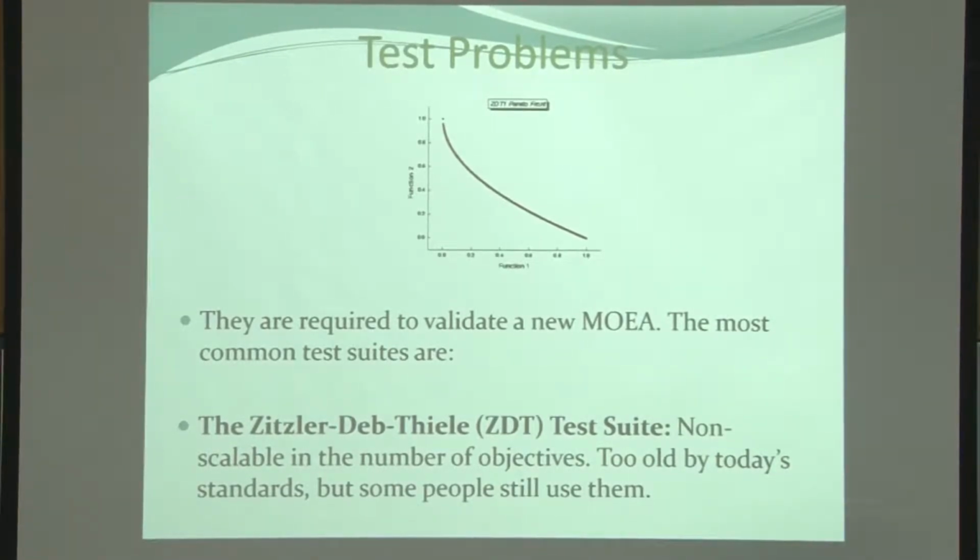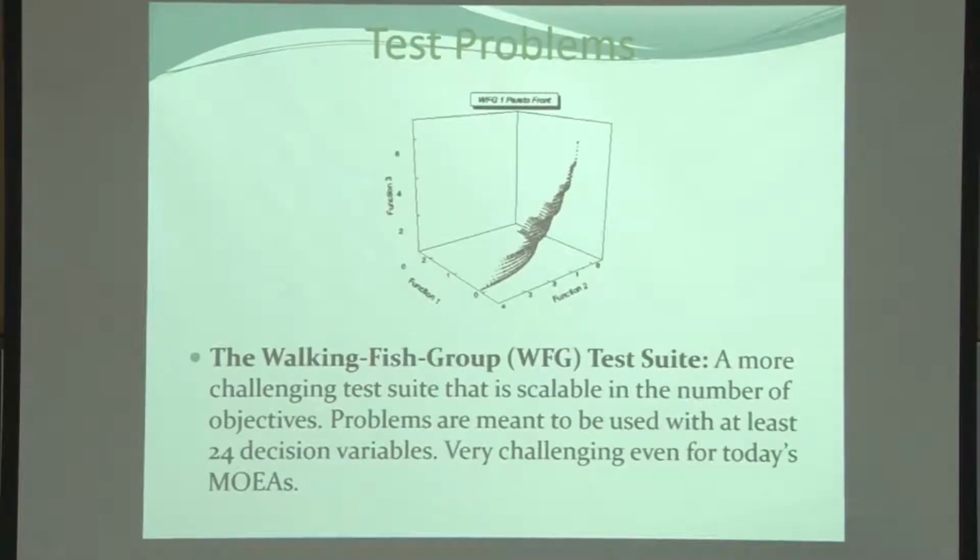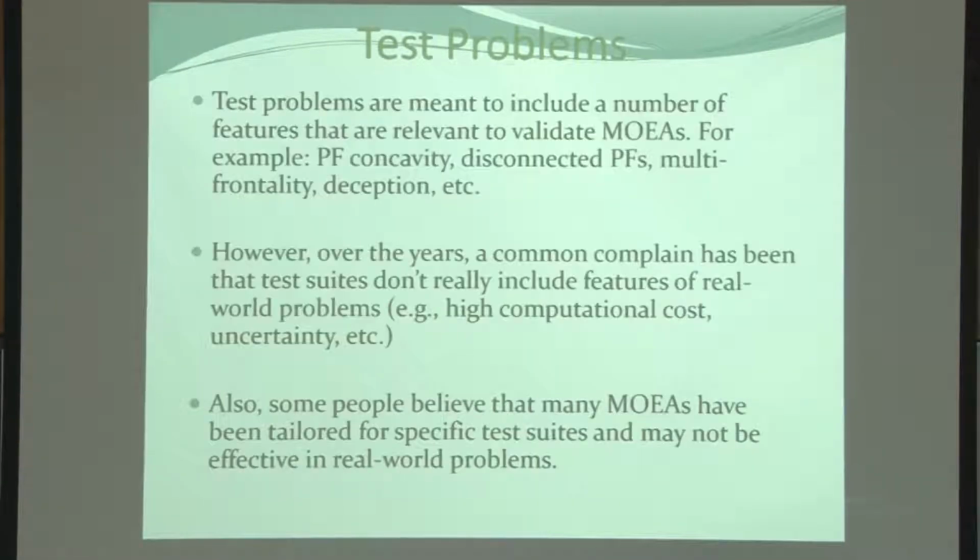If you plan to validate a new multi-objective evolutionary algorithm, the most common test suites to adopt are, well, SCH and ZDT, as I said, not many people are using this one anymore, but you can use it if you want. It's more common to use DTLZ and to use WFG. Those two are the most common. As I mentioned, the problems in this case are meant to be used with at least 24 decision variables. This, of course, is for continuous problems. If you are doing combinatorial, it's a completely different story.